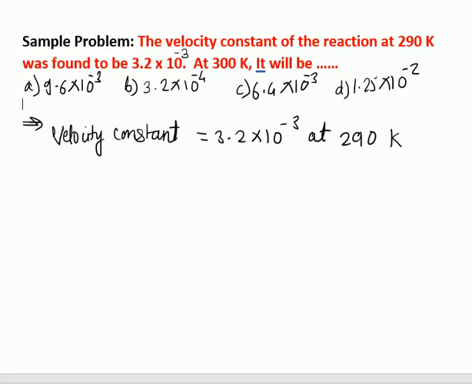Already we have seen that the velocity constant becomes double by increasing the temperature by 10 degrees Celsius. Means if the temperature is raised by 10 degrees Celsius, then the velocity constant becomes double.